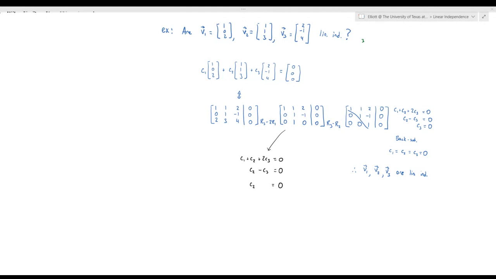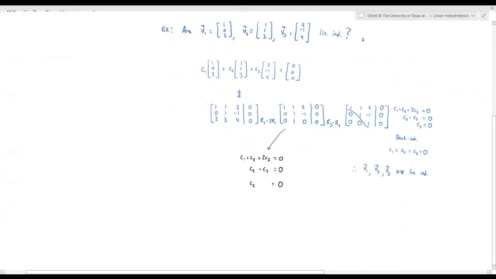To see if vectors are linearly independent, it does boil down to solving a system of equations. And that was the same for questions involving span and linear combinations, okay? All right.